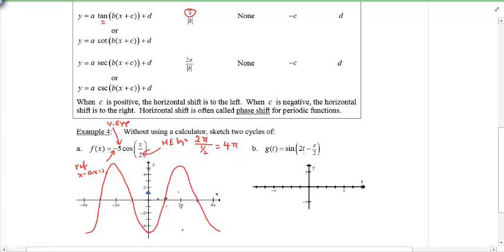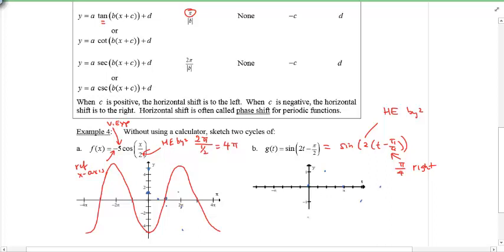Don't get tricked when you see stuff like this, because you should factor out that 2, and in this case, then be able to see, oh yeah, horizontal expansion by a factor of 2, and also a phase shift or a horizontal shift of pi over 4 to the right. And so if I were to graph the original sine graph, that's 0, pi over 2, pi, negative pi over 2, pi.